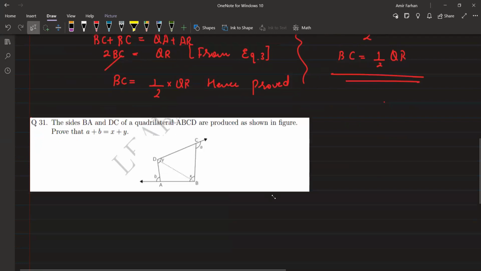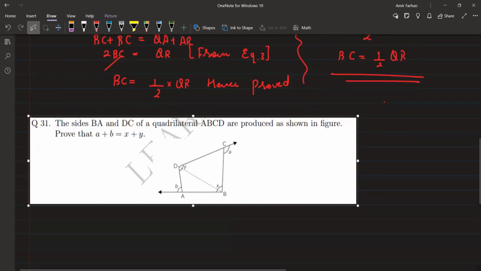Solve this one question. I'm giving you 2 minutes to solve this, 2 or 3 minutes, not more than that.